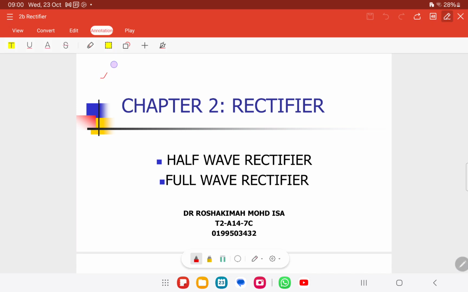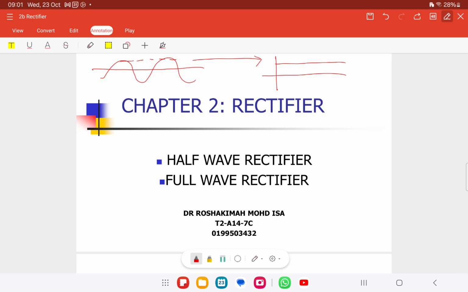AC signal dia macam ni kan. Okay. We have positive and negative cycle. Whereas for DC signal is only one value. Normally dia akan ambil maximum peak ni. So dia akan convert to that. That one is done by the rectifier circuit.